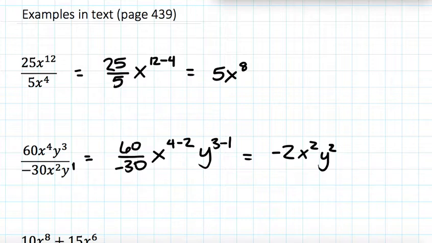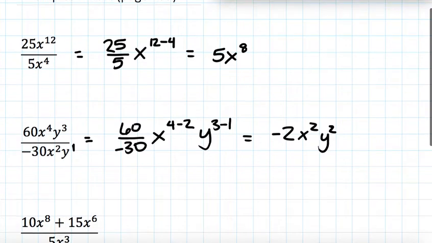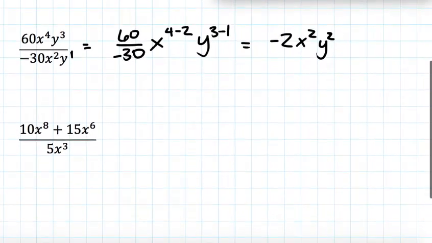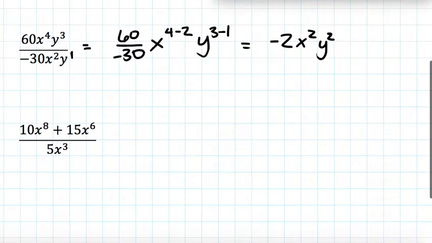Now, the third example here gets into what we're talking about in this section, and that's when we have two terms in the numerator of the fraction instead of just one. And what we're going to do for this is split it up into separate fractions. If you think about adding fractions where we get a common denominator and then add the top, this is essentially going backwards from that.